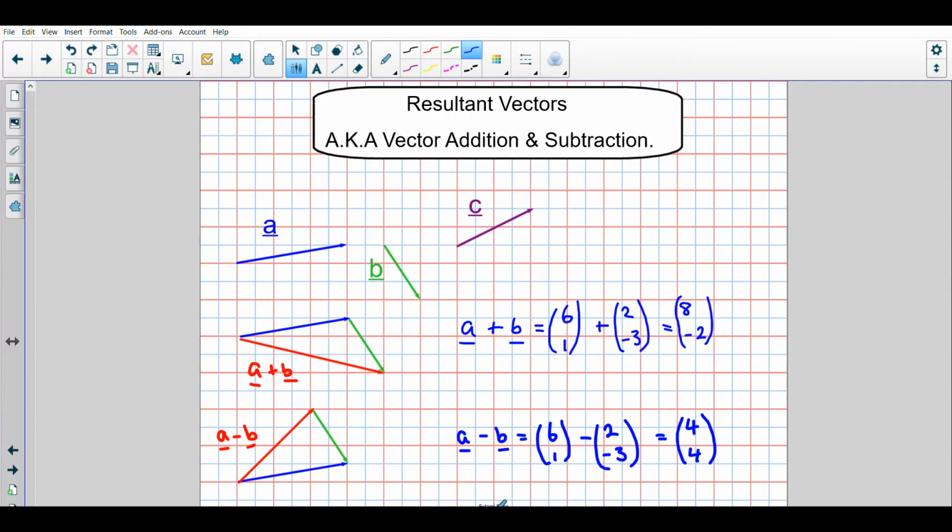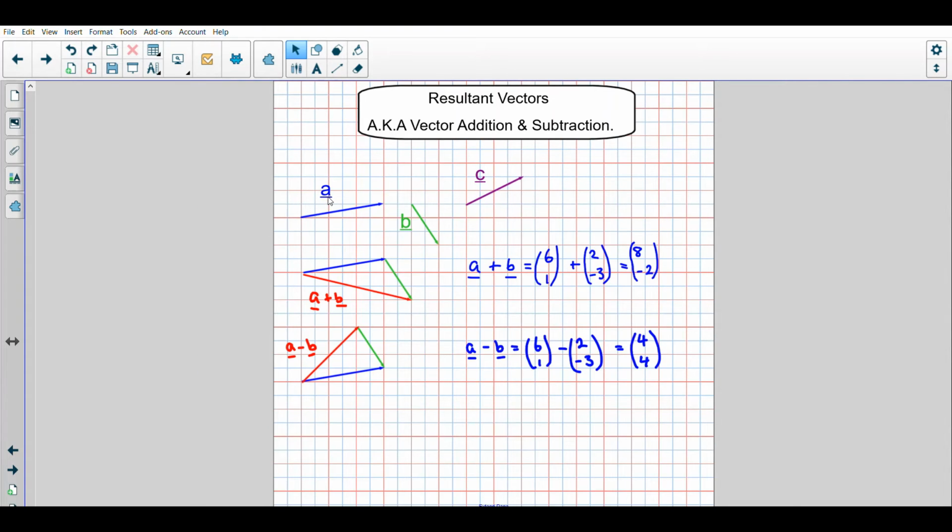We can do something even more complicated. So if we look at A minus B, we can take away C as well.